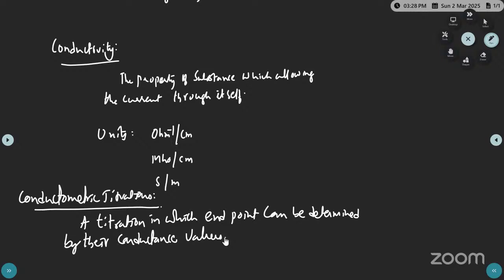What is a conductometric titration? A titration in which the endpoint can be determined by their conductance values.